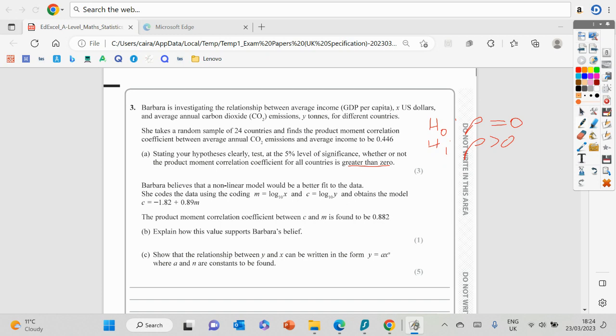So in our formula book, we're going to go down to 24, and we're going to come across to what we're testing here at 5% level of significance. So at 0.05, 24, and we get the value 0.3438 as the critical value from the tables.